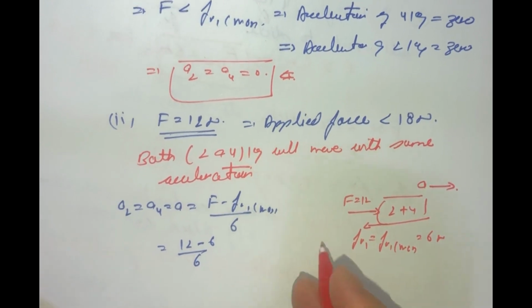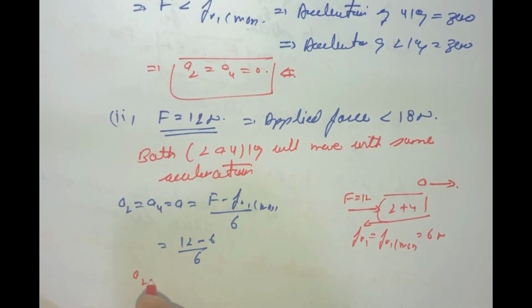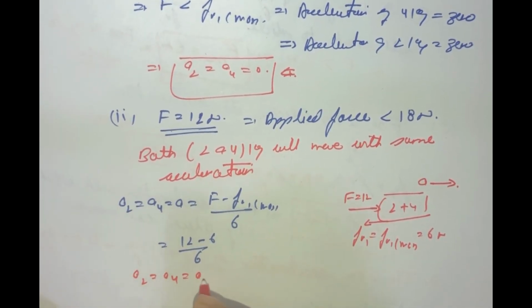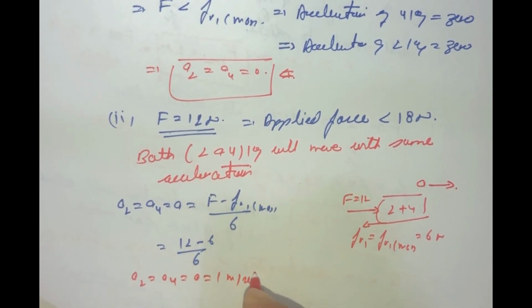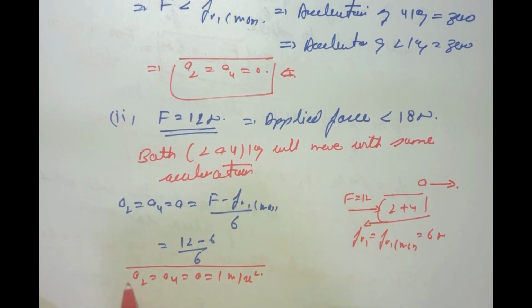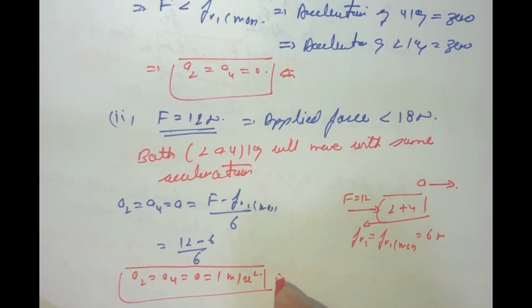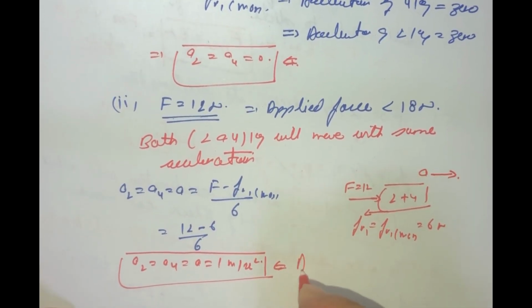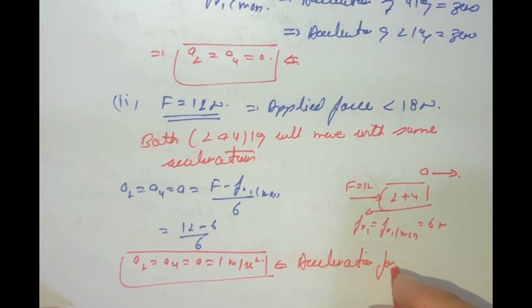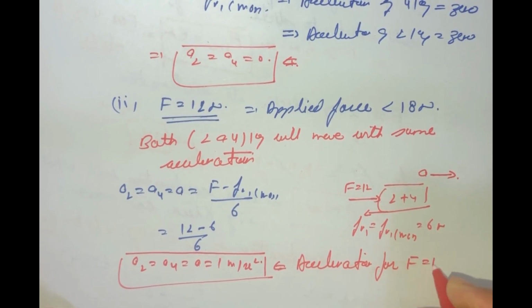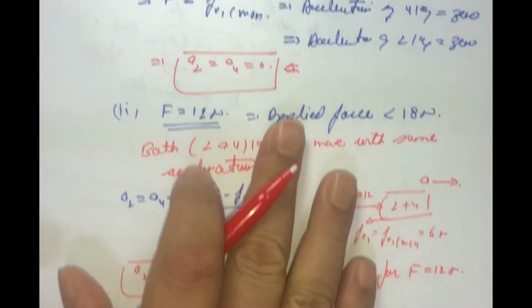So our A2 will be equal to A4, which is equal to A. This will be coming as 1 meter per second square. So this is the acceleration for F is equal to 12 Newton.